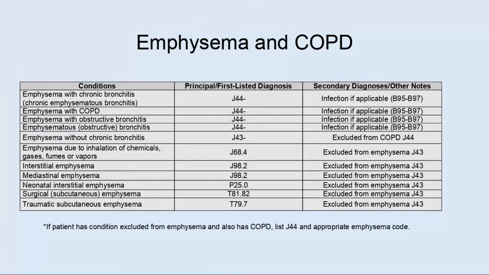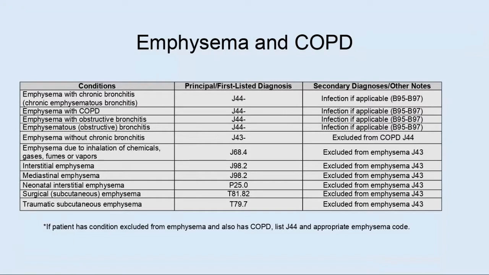So here's a summary of COPD and emphysema. Note that no separate code is used to indicate the type of emphysema. Another code may be used to identify the infection. Emphysema without chronic bronchitis is specifically excluded from COPD.